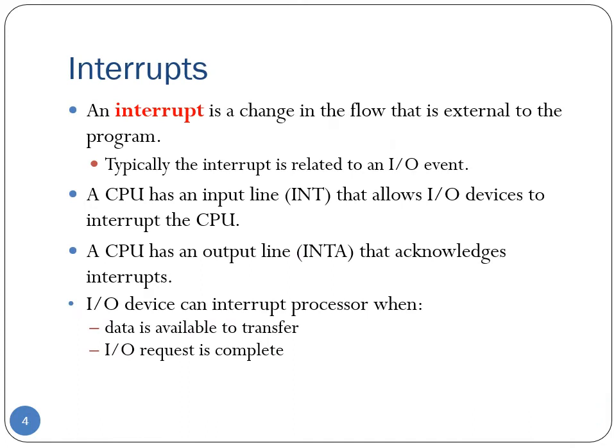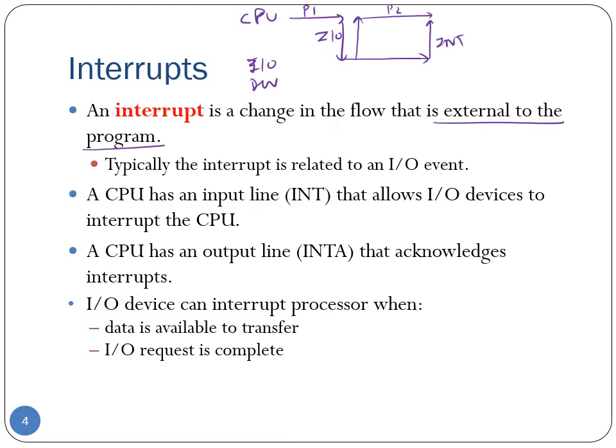Interrupts are defined as a change in the flow of a program that is external to the program. Let's try to understand why. Typically when a program executes, it executes sequentially. So right now let's say we are executing at program counter PC, then we'll next execute PC plus 1, PC plus 2, and so on. Let's say at PC plus 2 we encounter a branch instruction, let's say a BEZ instruction, and as a result, instead of going to PC plus 3, we may actually jump directly to, let's say, PC plus 10.